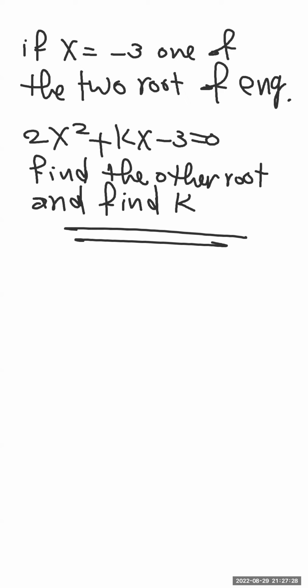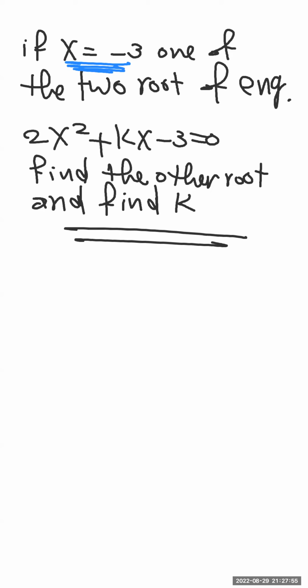I'm going to solve it now. Here, one of the two roots is given, x equals negative 3. If I want to ask you about the product and the sum, we know that the product equals c over a, and the sum equals negative b over a.